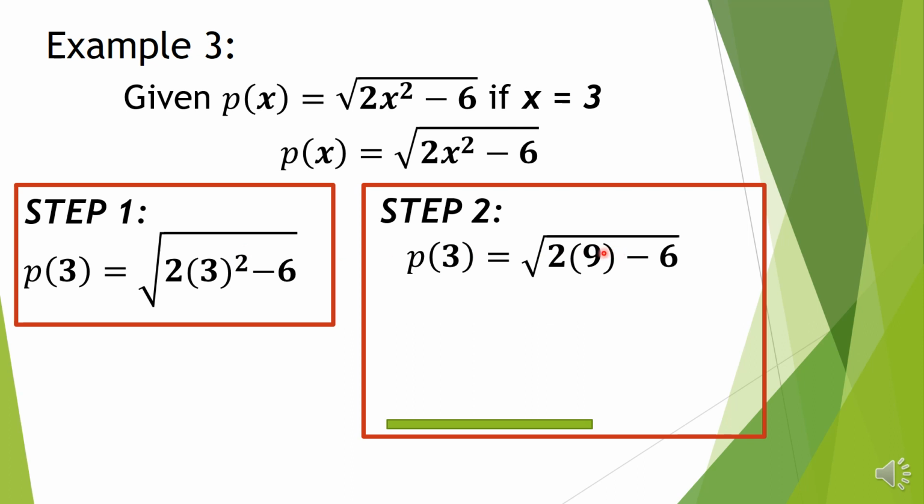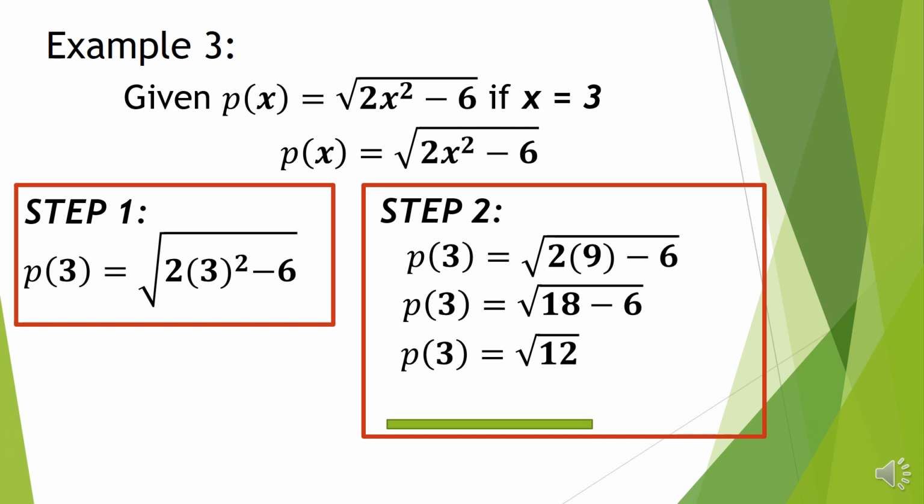So, we have 9 minus 6. Then, 2 times 9 is 18. Copy negative 6. Square root of 18 minus 6 is 12. So you have observed that we have square root of 12.